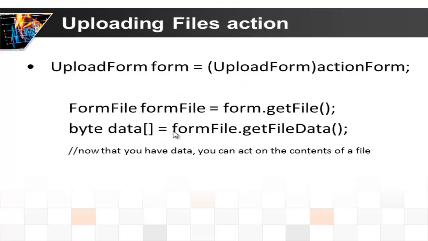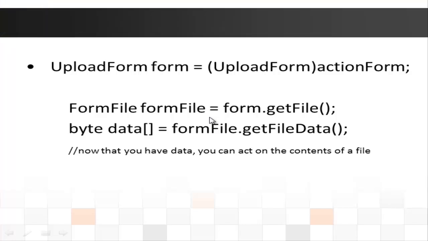In the action form where you receive the file, you have to use an object of type FormFile. Who created this? It's part of Struts. You don't have to bother about it. When the file is sent to the server, how do you receive that file on the server?